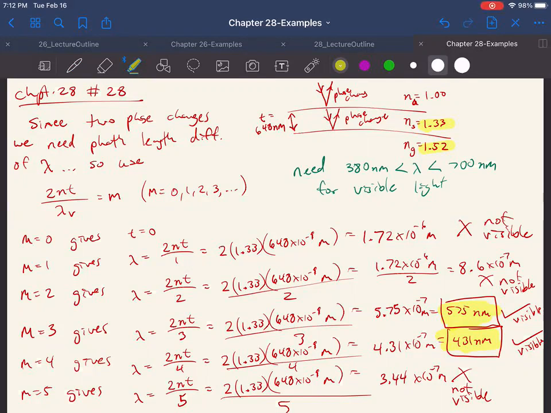So again, we're going from a high speed to low speed, because remember, the lower the index, the higher the speed. So we get another phase change. That means we have 2 phase changes. So essentially they're both going through a phase change, and then we don't really have to worry about the phase changes anymore.